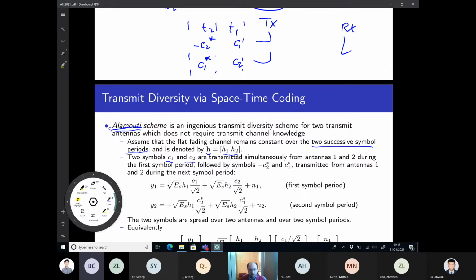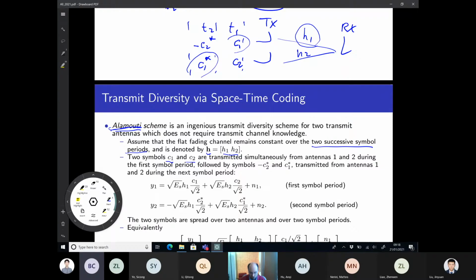So what is the idea here? Intuitively, imagine I have a fading channel with coefficients H1 and H2. C1 is transmitted from the first antenna, and then from the second antenna. The idea is to make sure that C1 travels through both paths, so that if one of them is weak, let's say H1 is very weak, C1 will be badly received because it travels through H1.